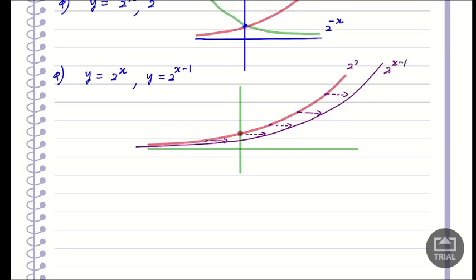So this is 2^(x-1). So this is 2^x. So to understand this translation, you can take the most convenient point here, which is this point. Why is it the most convenient point? Because you can see that's the y-intercept, right? So how this y-intercept moves under this translation is what we are going to see. So this point should move to the right by 1.